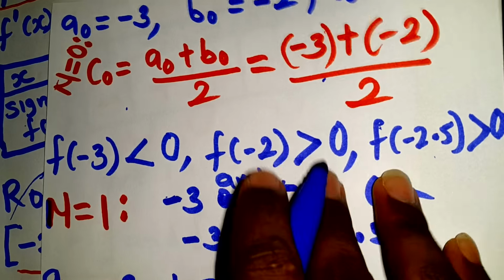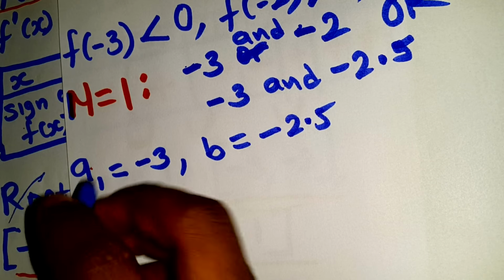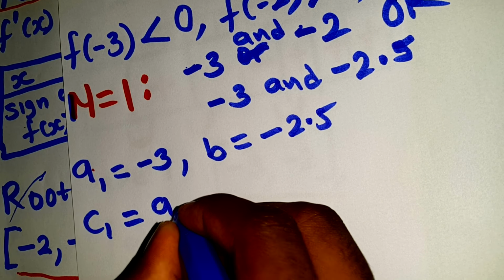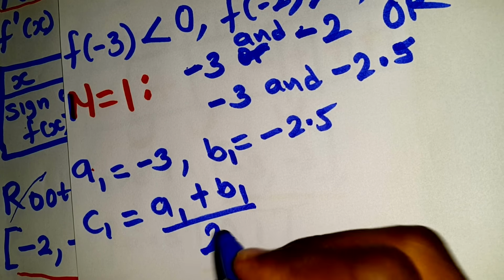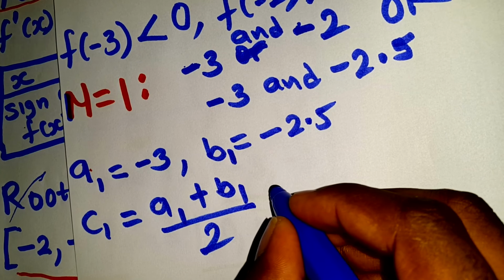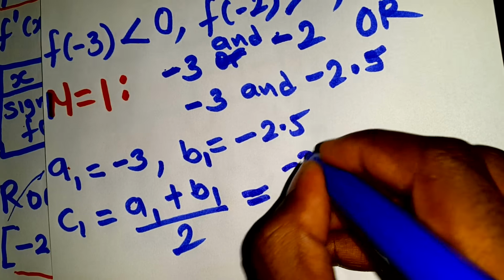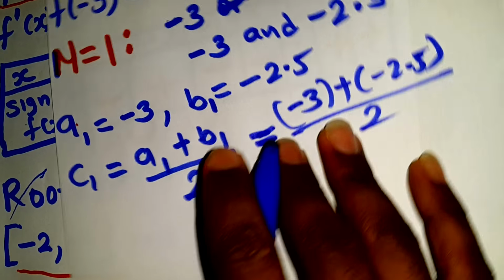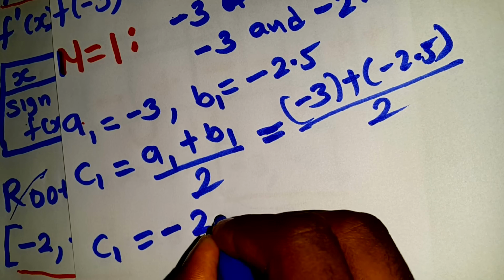We use the same formula to find C1. We write C1 will be equal to A1 plus B1, divided by 2. So if we calculate this, we just put minus 3 plus minus 2.5 divided by 2. So our C1 will be equal to minus 2.75.